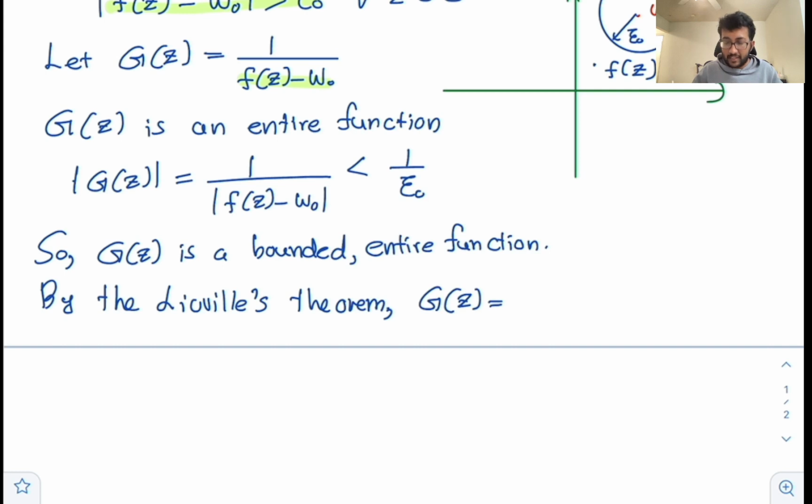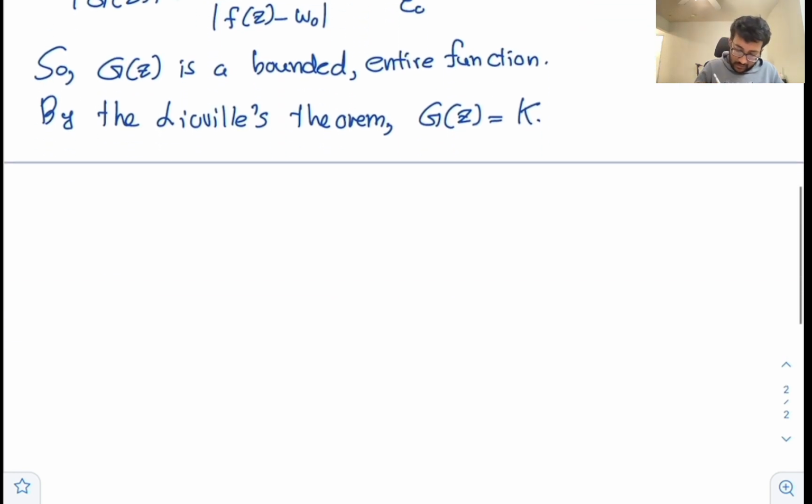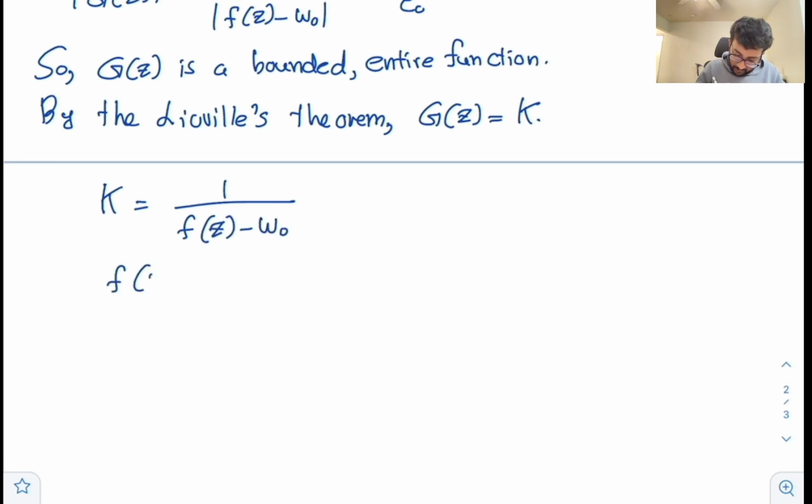I will call that constant k. G(z) is equal to k, so k is equal to 1 divided by f(z) minus w naught. So f(z) minus w naught is 1 over k, and this would give us f(z) is w naught plus 1 over k.